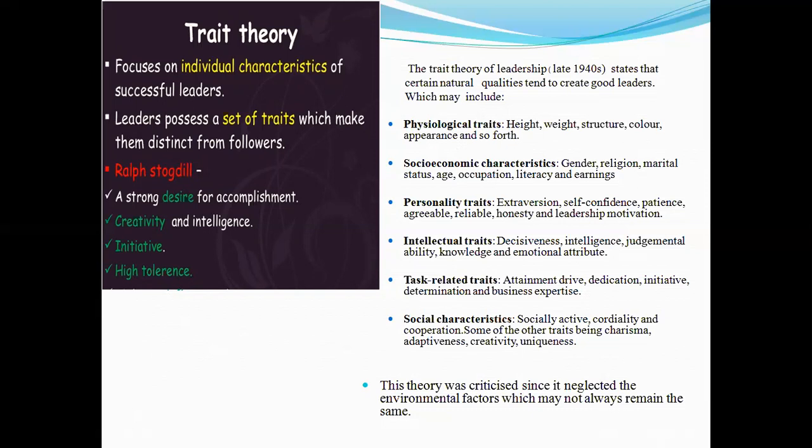Here he included some qualities of a good leader like physiological traits, socio-economic characteristics, personality traits, intellectual traits, task-related traits, and social characteristic traits. This theory was criticized since it neglected the environmental factors, which may not always remain the same.